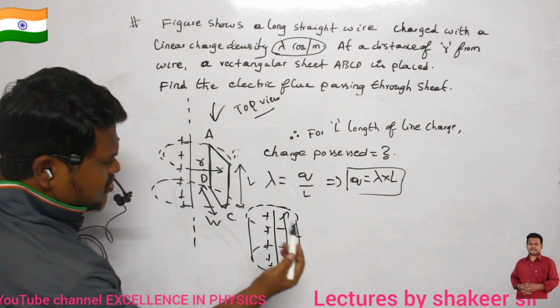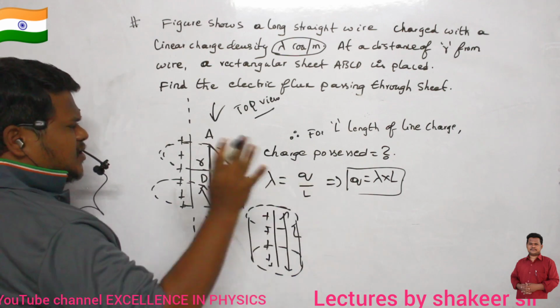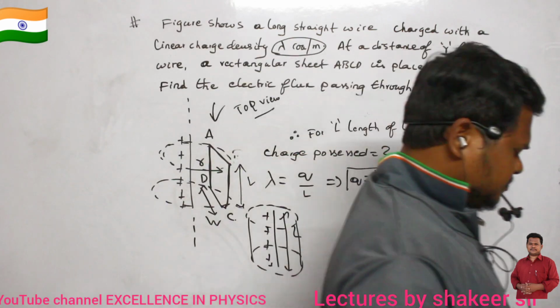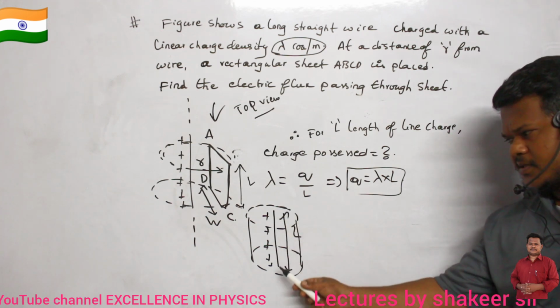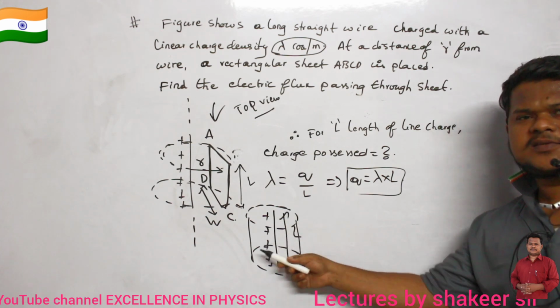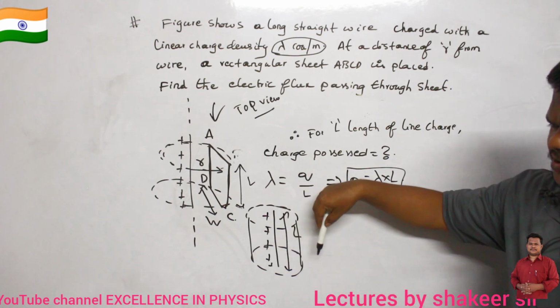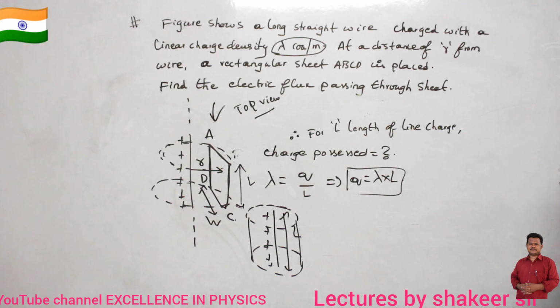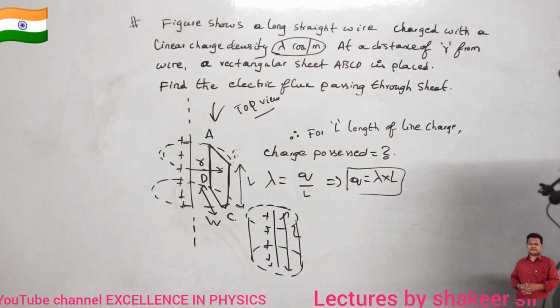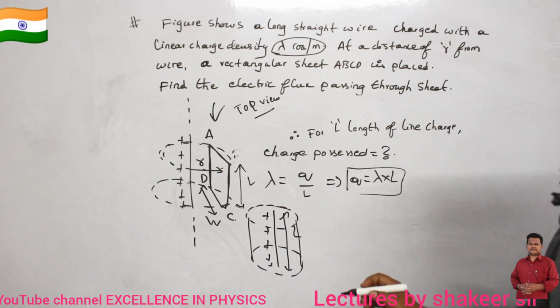Then through this Gaussian surface, how much flux will be coming out? Can you say? This is the line charge. Electric lines will be traveling in a straight line, no? So around this line charge of length L, how much flux will be coming out? How can I calculate the flux?